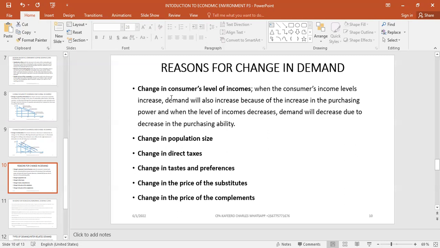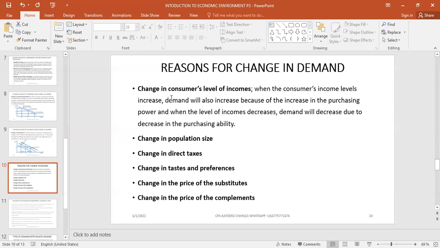So when we directly remove taxes from their money, we are reducing the disposable income, the amount that is supposed to be remaining for the individuals to use will be reduced. And when it is reduced, you just know that their purchasing power will be low, so that causes demand to also be low.